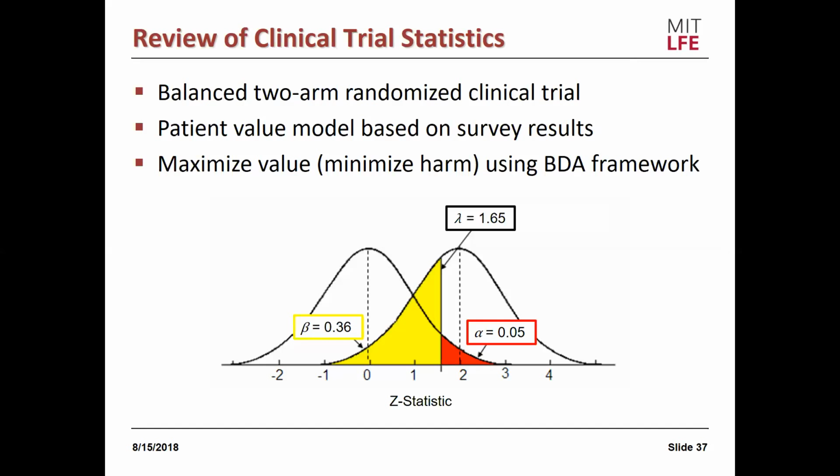In this example, the red color indicates that the severity of a type 1 error might be greater than the severity of a type 2 error. So now we can readjust this decision threshold and set it to a new value such that we're minimizing the average harm to patients. That's also going to be equivalent to maximizing expected patient value.